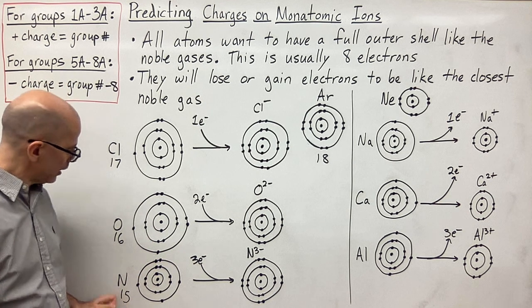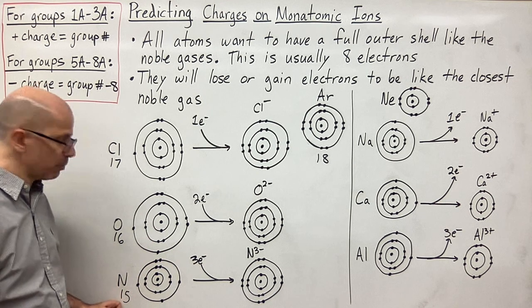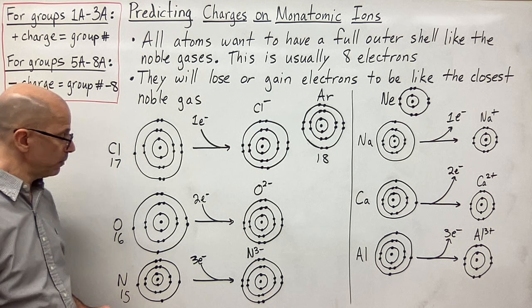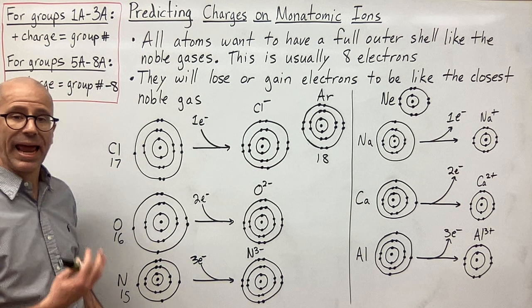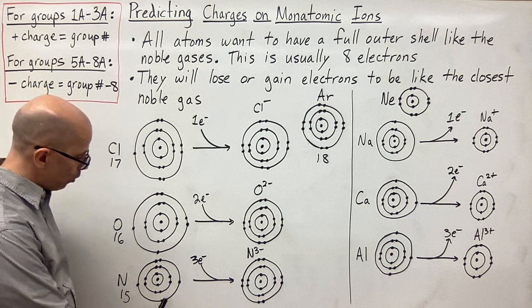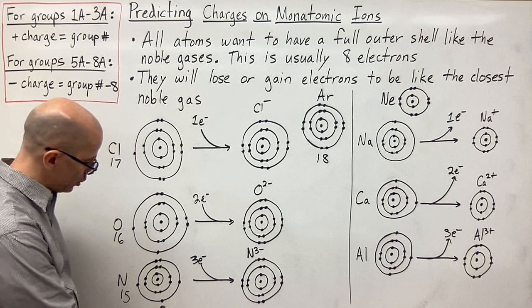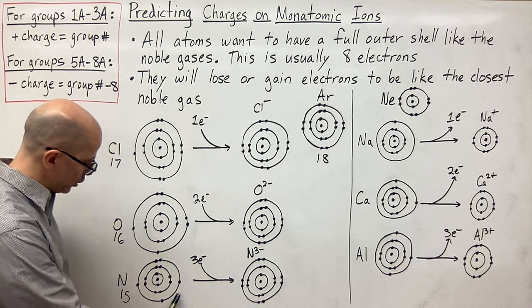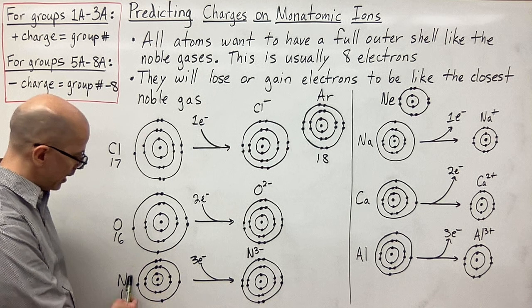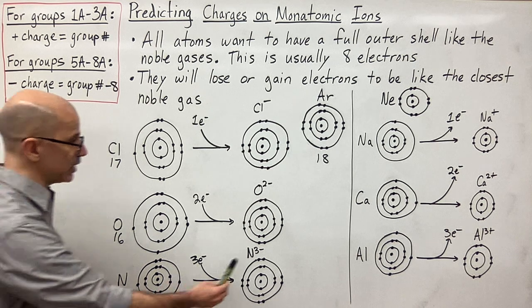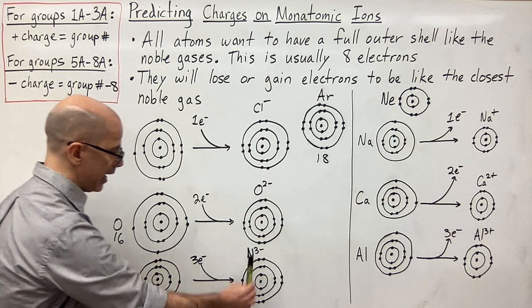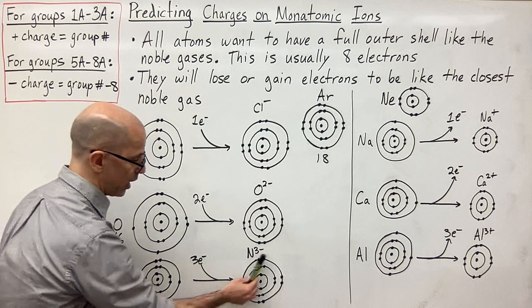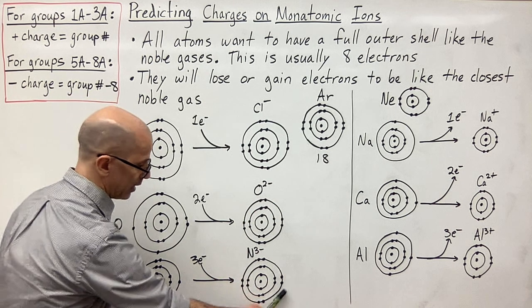So finally, with nitrogen here, number 15 on the periodic table. Again, the closest noble gas is argon, 18. And so it's going to want to pair up. It's going to want to add 3 more electrons to get 8, and then to have 18 total. And so it picks up those 3 electrons, and now it has an electron configuration, or it looks like argon.